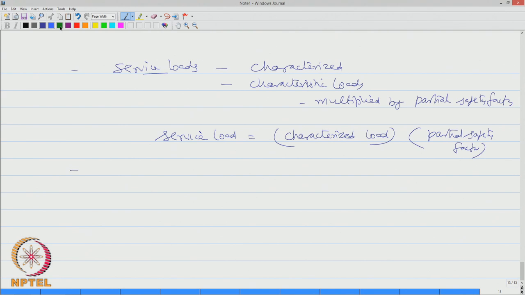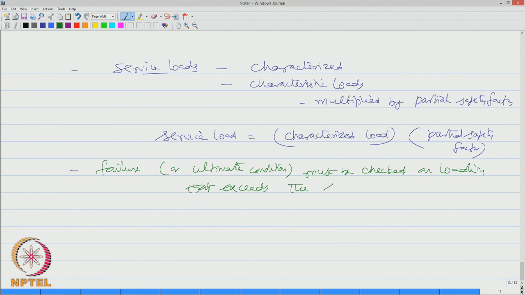So, service load is actually characteristic load multiplied by a partial safety factor. Therefore, failure or let us say ultimate condition must be checked on loading that exceeds the service loads.